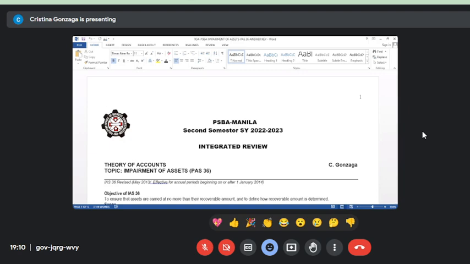Wait lang ha, I'm gonna share my screen. Nasaan na ba tayo? 40 investment property. Wait lang, wala dito. Sa dami ng ating files. Sandali ah. Kukuha muna ako ng snapshot natin.